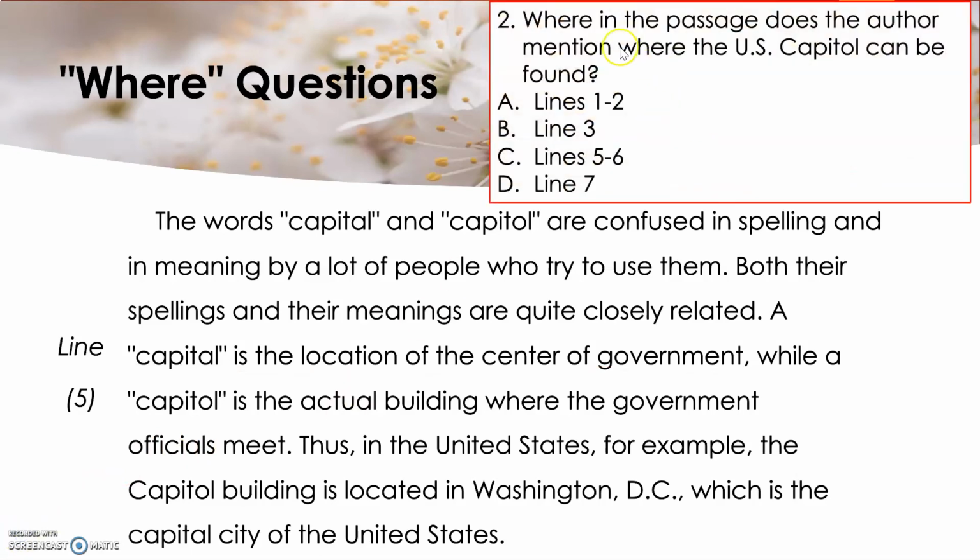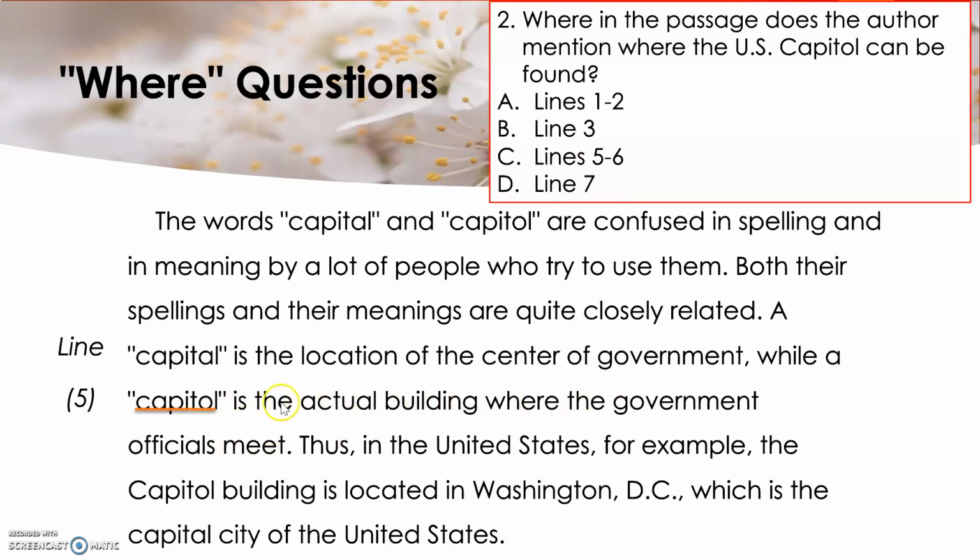Here's the question. Where in the passage does the author mention where the U.S. Capitol can be found? So it asks about the location of the U.S. Capitol. The capitol here is in line 5. Is it about location or not? Capitol is the actual building where the government officials meet.